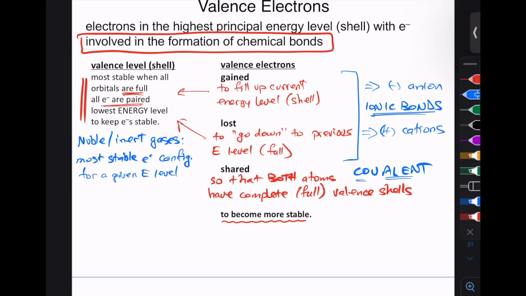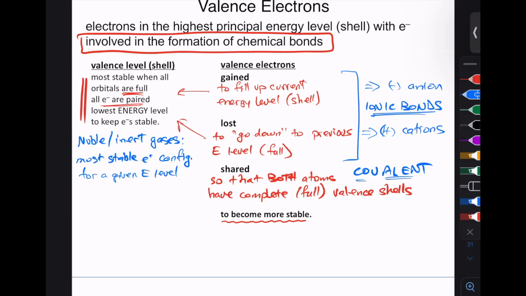So if we're near neon, for example, if we're oxygen or fluorine, we'll probably want to gain some electrons so that we can become most stable, the way neon is configured. If we're just beyond neon, say sodium or magnesium, we might want to lose some electrons so that we can, again, take on that electron configuration that's most stable, to be like neon.